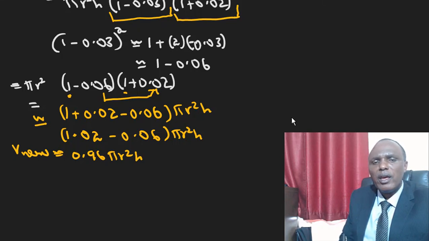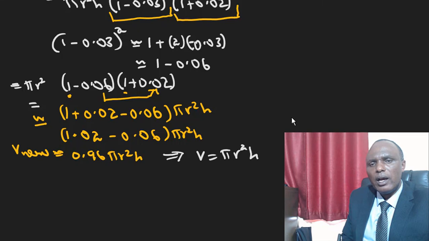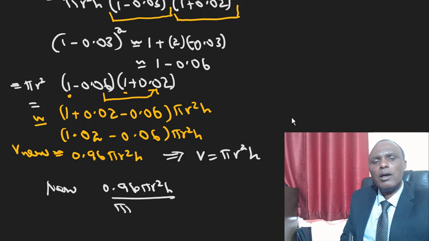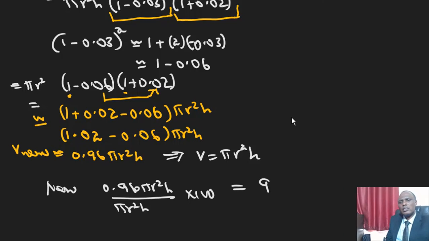Now, if you compare this volume with the volume before the change, which is pi r squared h, the new volume is 0.96 pi r squared h over pi r squared h multiplied by 100.